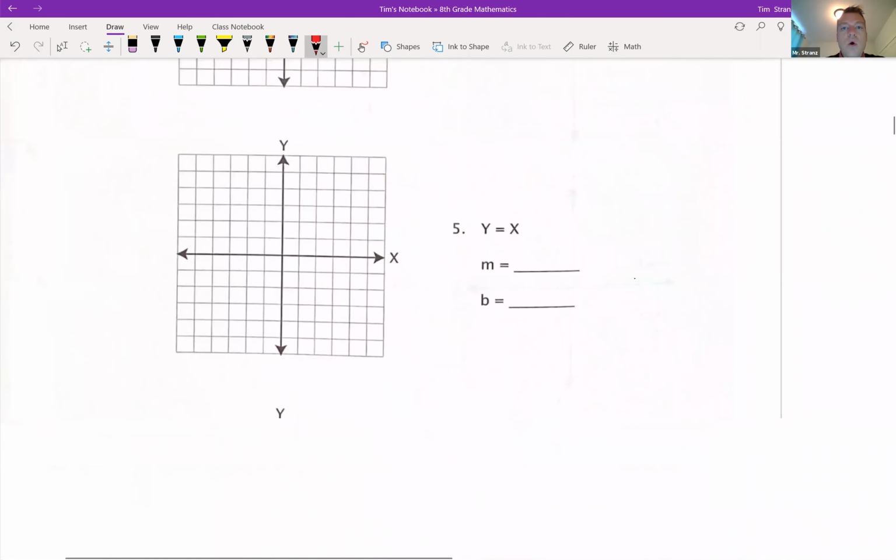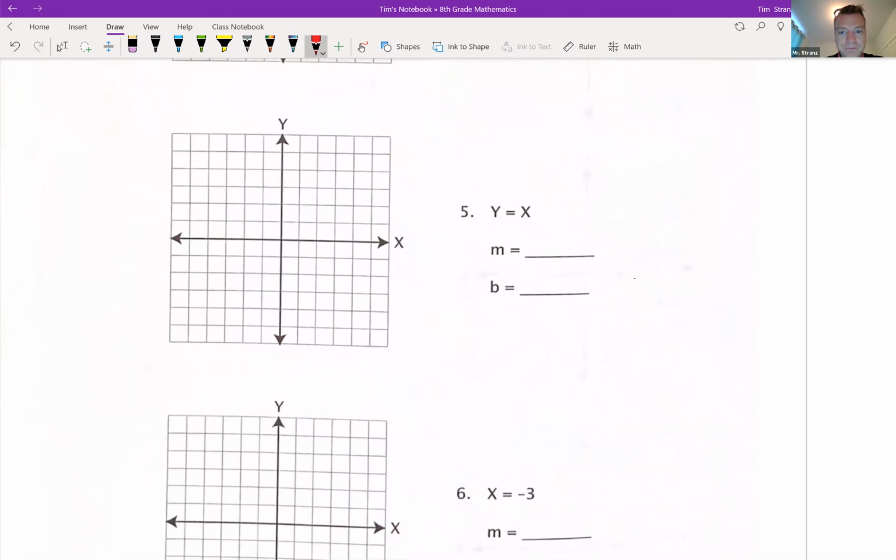Let's look at number 5. Y equals x. Okay, so this one might look a little bit confusing, but if we make a table, right, we got our x value, we got our y value. If y equals x, 1, 1, 2, 2. So now you know the points. Look, so we go up 1, over 1, up 1, over 2, up 2.